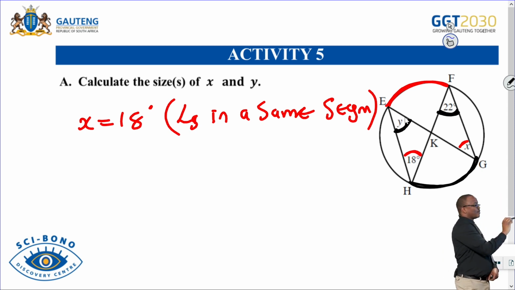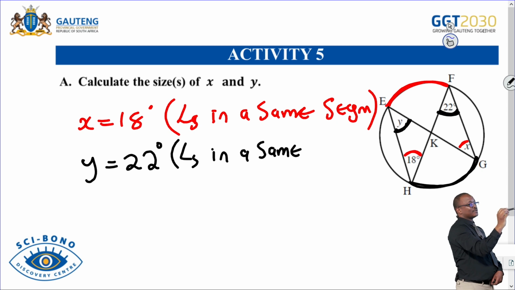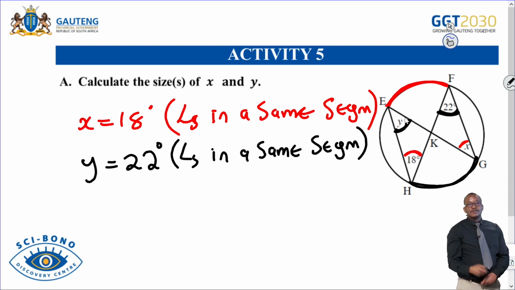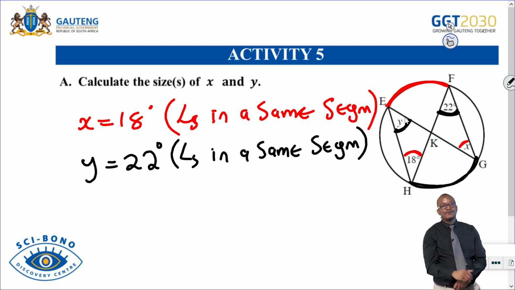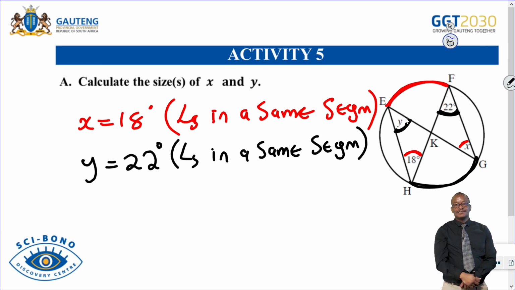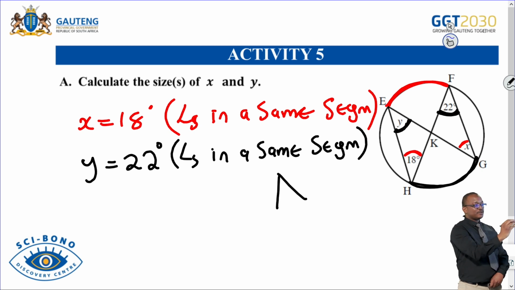So we are going to have y is equal to 22 degrees, then angles in the same segment. That's how you are going to apply that type of a theorem. Simple as ABC. Easy to apply. You just look into the shape of a butterfly like I said. Are we together?